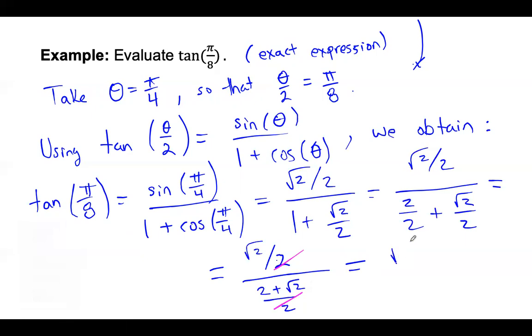Then we are left with square root of 2 divided by 2 plus square root of 2. So that's our final answer: tan of pi divided by 8 is square root of 2 divided by 2 plus square root of 2.